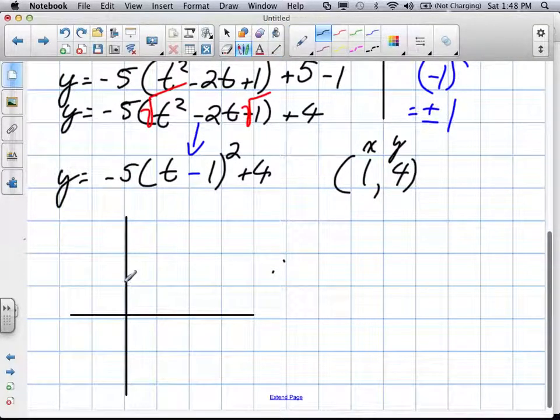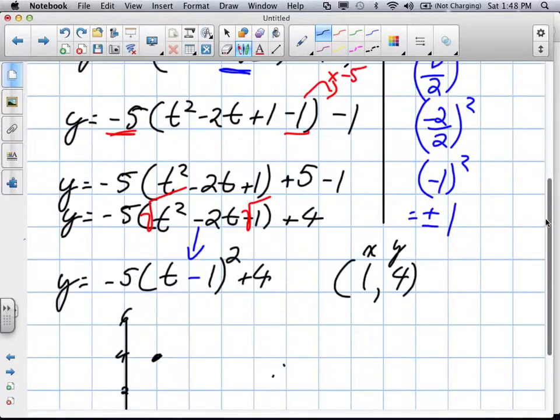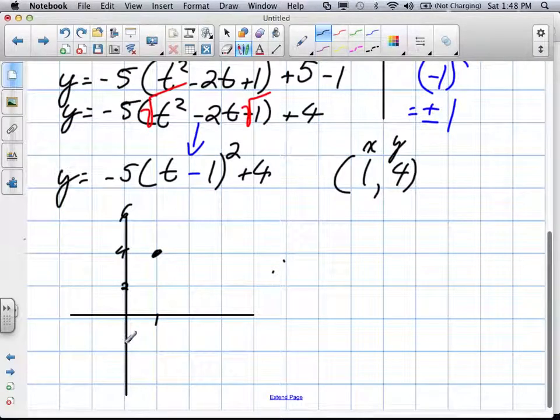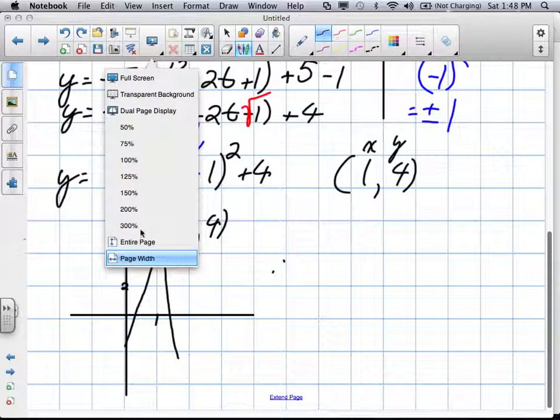It's 2, 4, 6, and maybe this is by 1s. Wherever it's shot from, this is the max height. So it's some parabola. I'll quickly tell you the y-intercept is -1. So it's some parabola that looks like this. And that is our max height at 1 and 4, and 4 being the height itself.